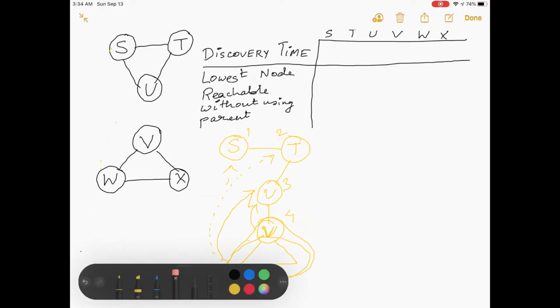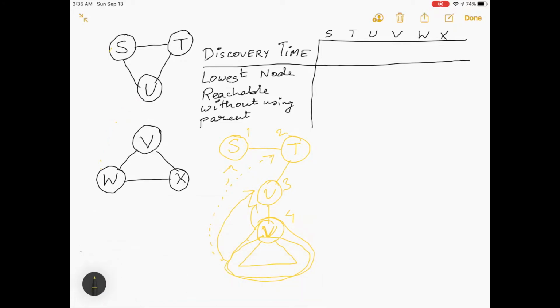Or if the subgraph rooted at V was connected to S or T, and if you look at the discovery time, S and T were discovered before U. So if the subgraph rooted at V is somehow connected to either S or T or U using any back edge, then we cannot say that UV is a bridge.